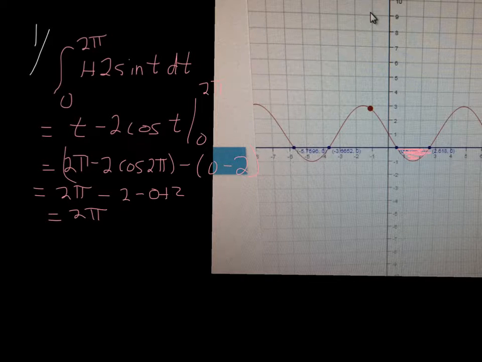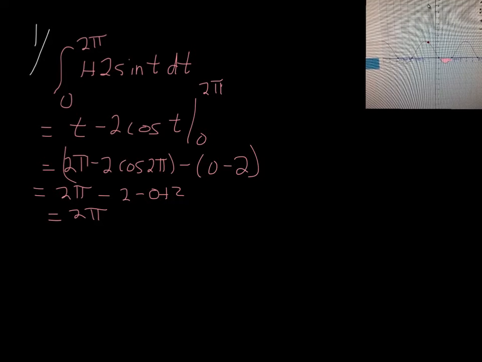So the first thing we want to do is find out where the original curve intersects with the x-axis, which is the line y equals 0. So I'm going to take this and set it equal to 0, and I'm going to solve for t.